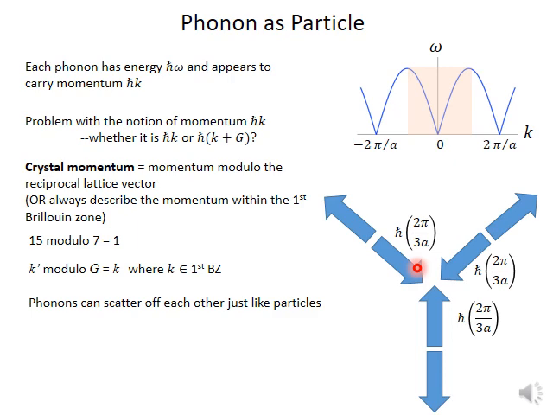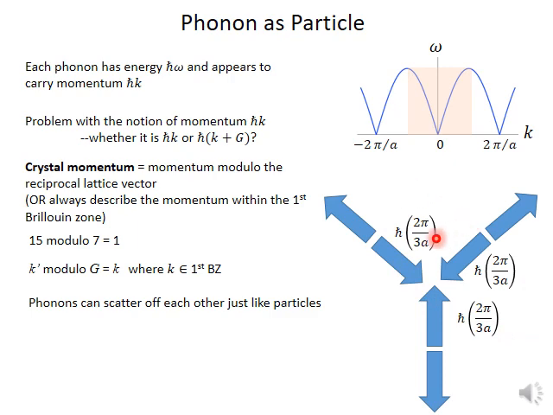And the answer is it would be allowed only if the change in momentum is 0. But the important thing here is the change in the crystal momentum should be 0 and not the change of the phonons' momentum itself. If you look at this momentum, which was initially towards this point, you have three momenta which were towards the center, and all three went off in the opposite direction.